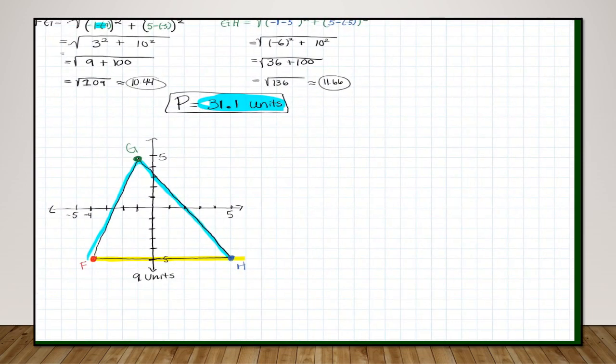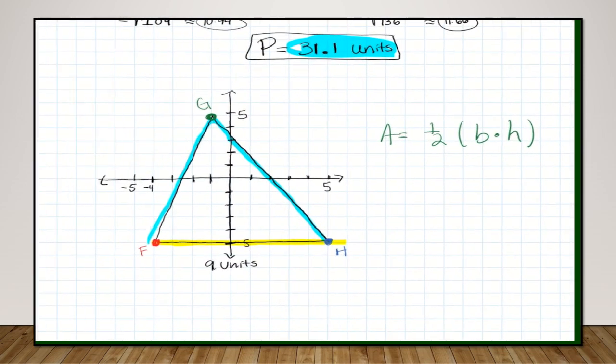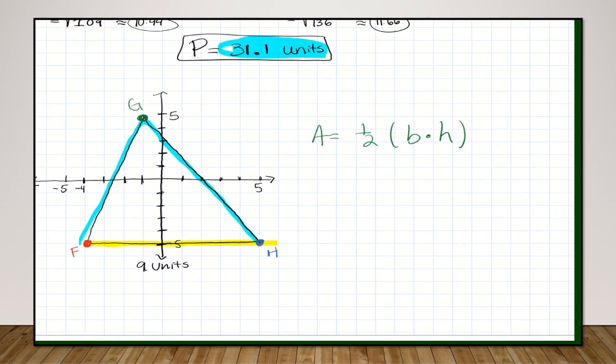When we're finding the area, you're going to see that we can get all the information that we need straight from the picture, which is why it's a good idea to plot it on a coordinate plane. So here's our formula to finding the area. We multiply the base times the height, and then we just take half of that. So we know the base already.